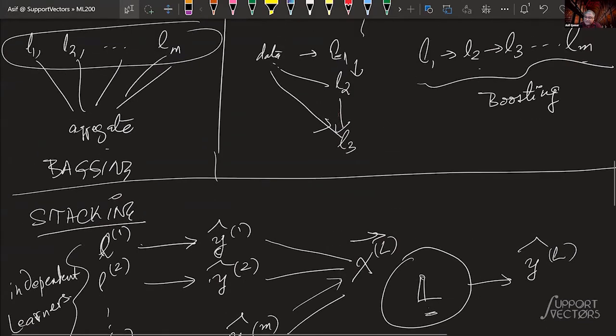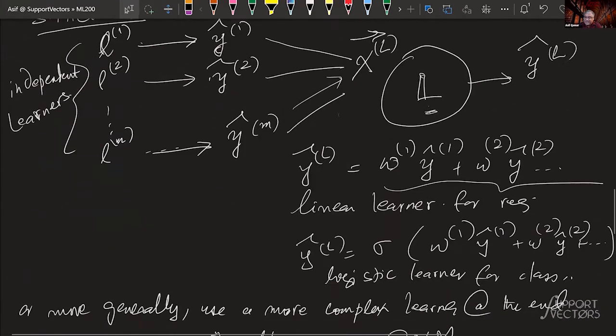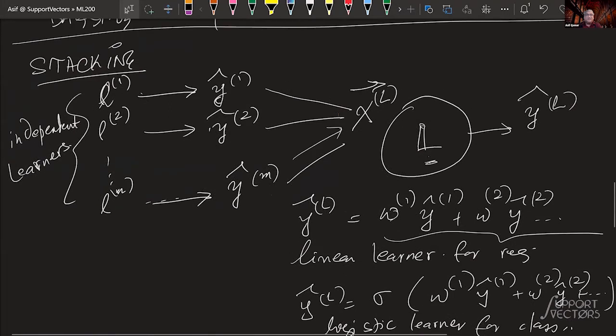So besides bagging and boosting, what else do we have? We have stacking. Stacking is taking some really tuned algorithms. You go and train your independent learners. If you so want, you can even take some strong learners. And then you can stack them. You can create a last level learner here.